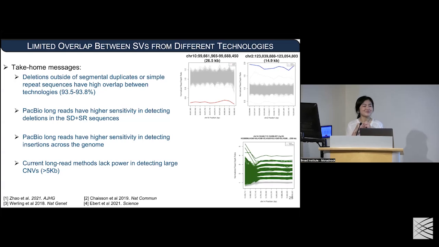Oh, and one more thing I hope to highlight from this study is that there is a black hole in the current long read algorithms: the large CNVs, over 10 KB and above, long read cannot really find them.